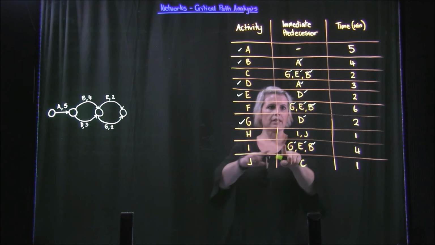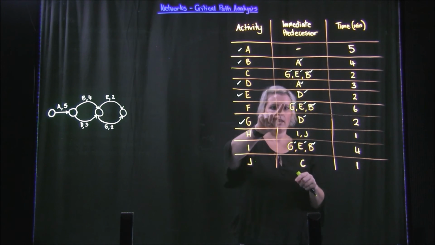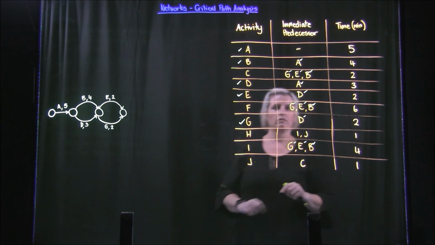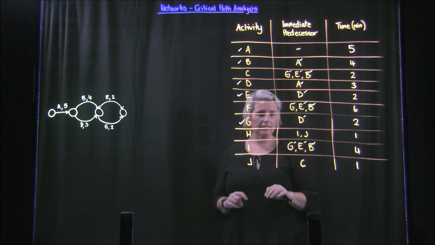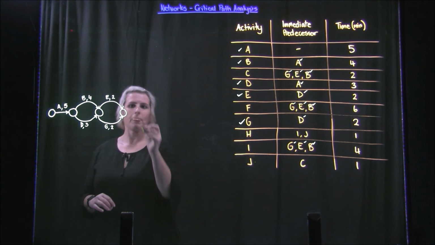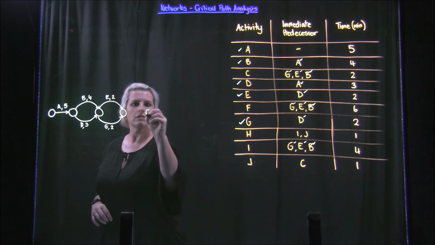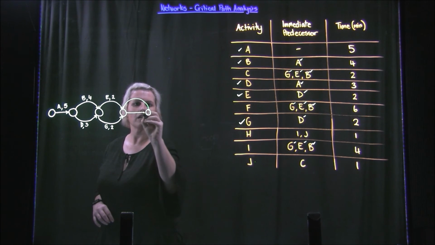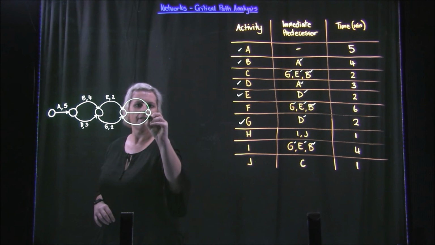That means we can now do C, F and I, and they can technically all be done at the same time. So C, F and I, all of them going this way.